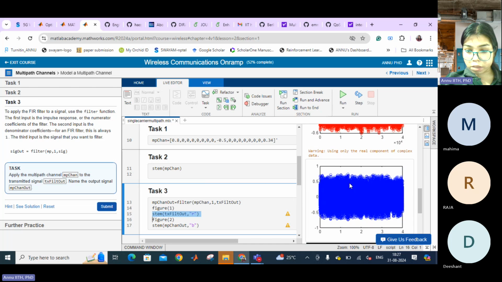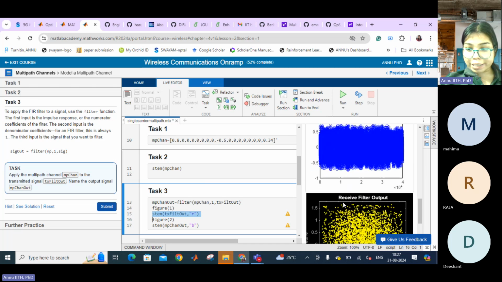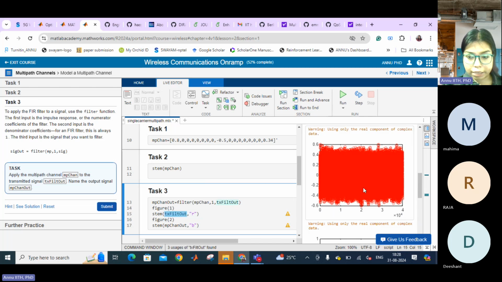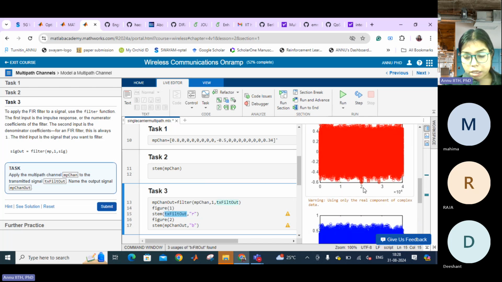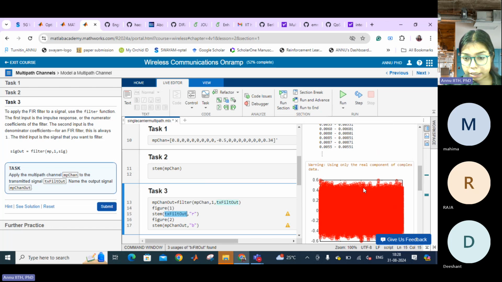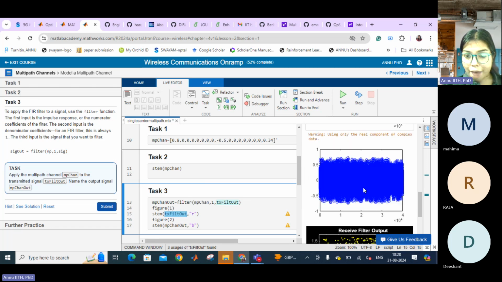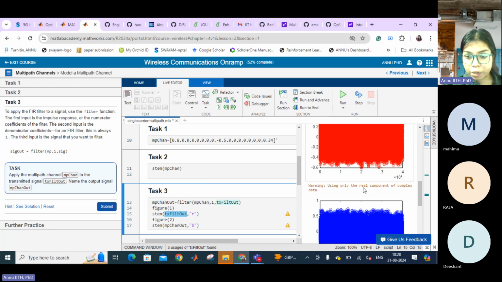So this only we want. By default, it is printing that one, the receive filter output from the previous class, because we printed this filter out. Maybe some internal thing is there. So after filter out, the blue color is this one.